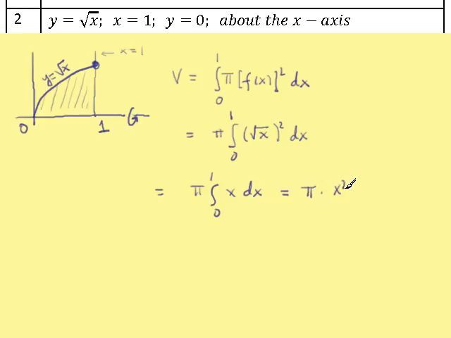Let's integrate with the power rule. And now we evaluate: we substitute in 1, and we get pi times 1/2. And when we substitute in 0, we get 0. So here's the volume.